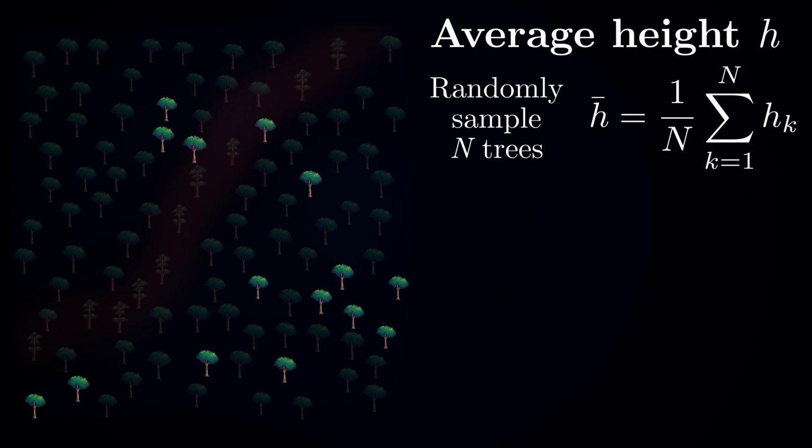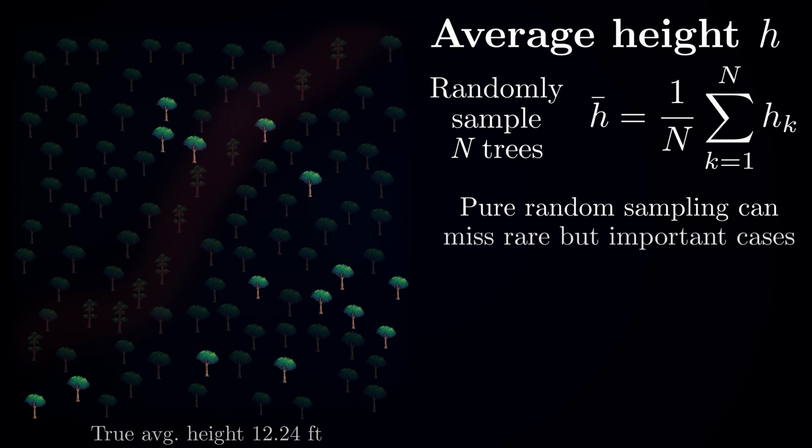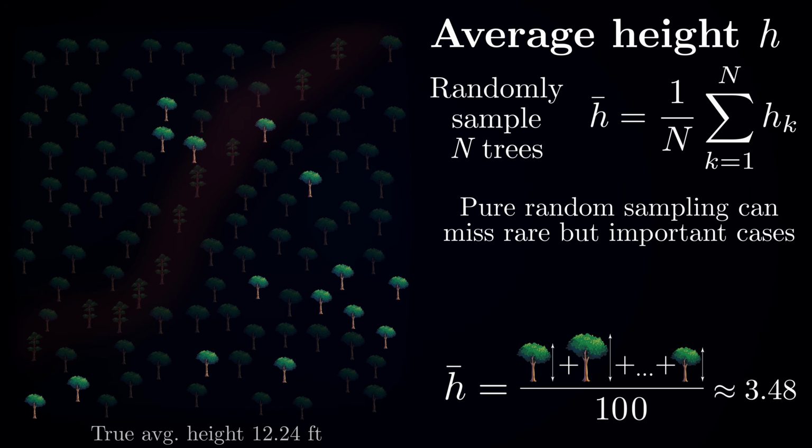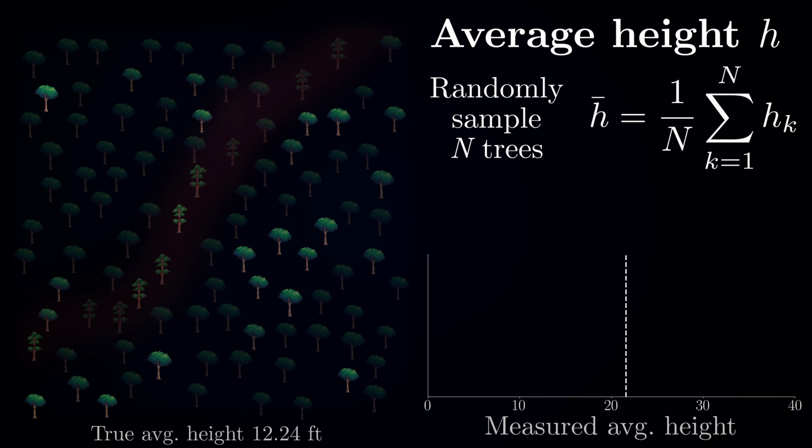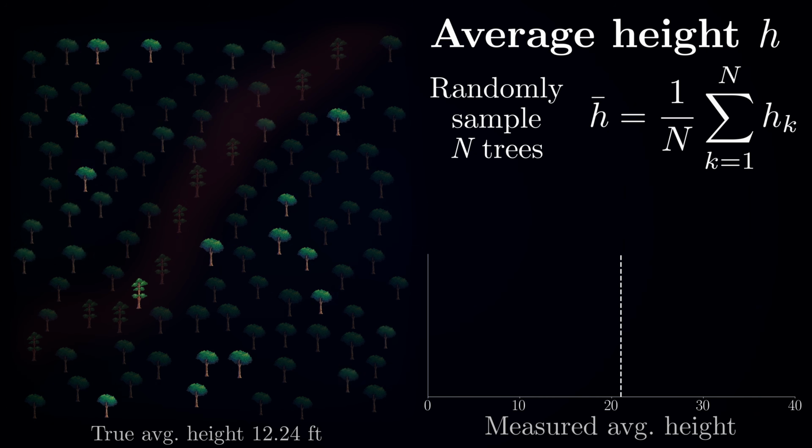With naive random sampling, we might easily miss the tall trees entirely. They are quite rare after all. This would significantly underestimate the true average height and create high variance in our estimates, meaning that different sampling rounds would give wildly different results.